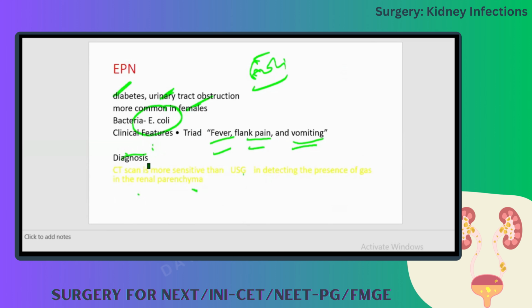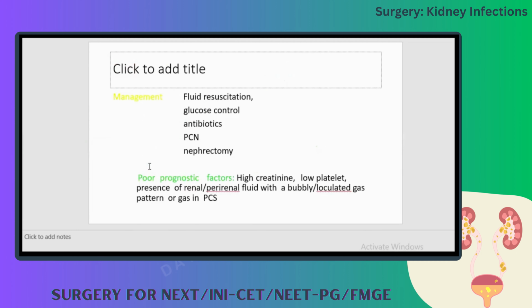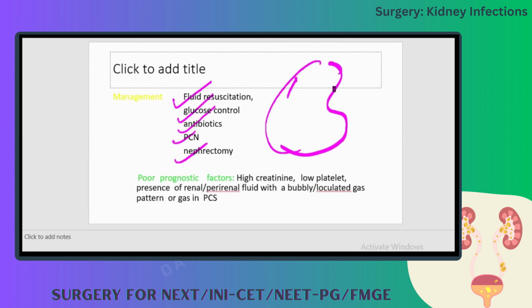EPN: diabetes, urinary tract obstruction, more common in females, and E. coli is the most common organism. What is the treatment of choice? You have to give fluids, control sugar, give antibiotics, do a nephrectomy. Before that, what is this? PCN.